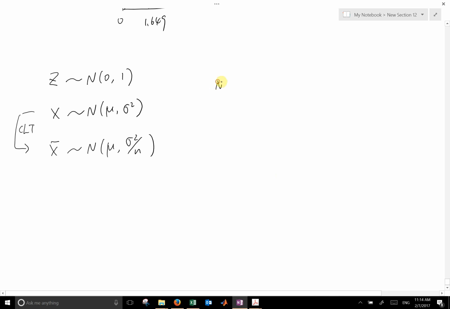So now let's do normalization. The normalization is Z equals X minus mu over sigma, which equals X bar minus mu over sigma over the square root of n.